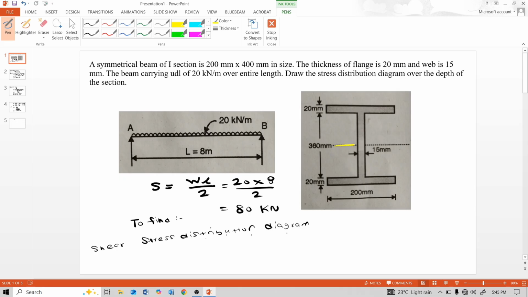Here we find shear stress at the neutral axis, and below this portion we have to find AY.